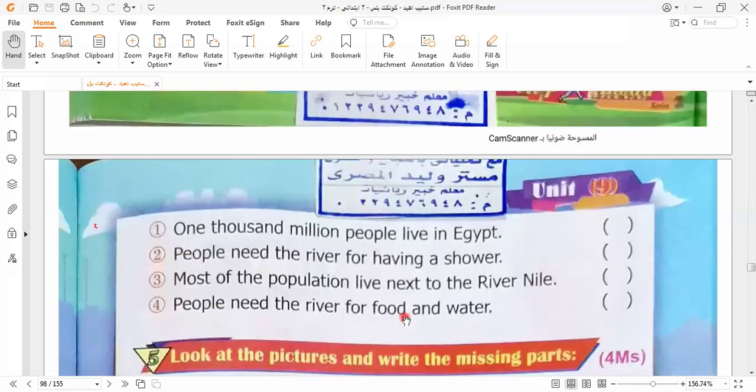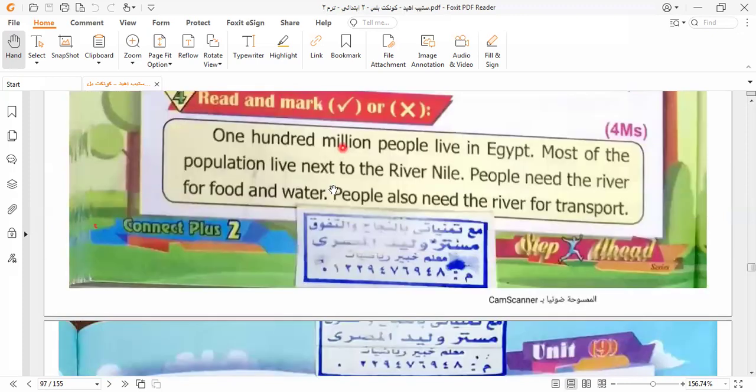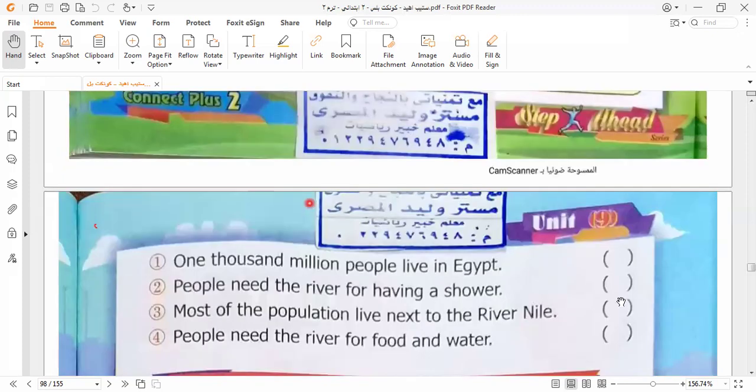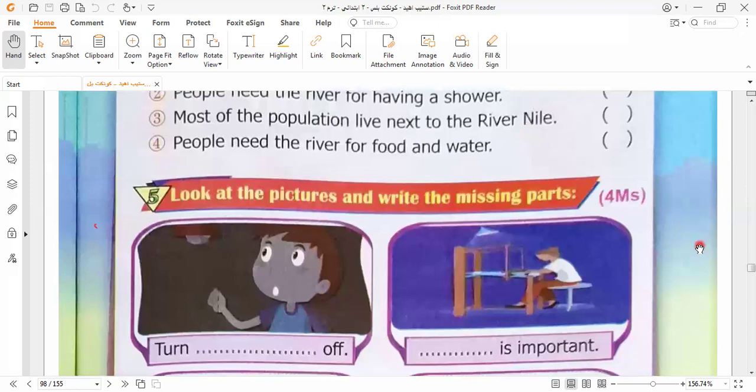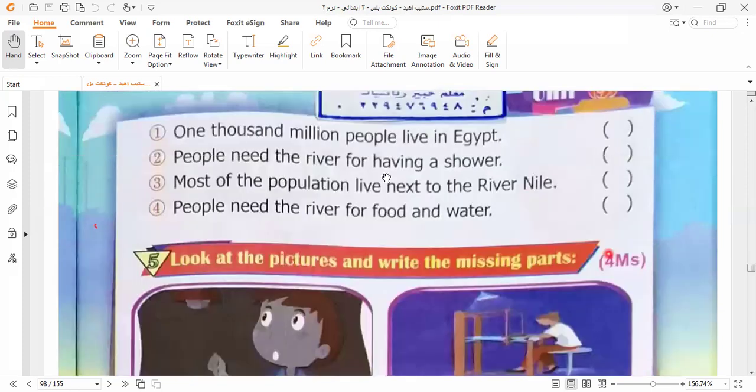"People need the river Nile for food and water." Yes, we need it for what? For food and water. It will be correct. But having a shower is wrong. To be on the safe side, I put it wrong, because it's not a shower. We need water and food. So this sentence will be wrong.